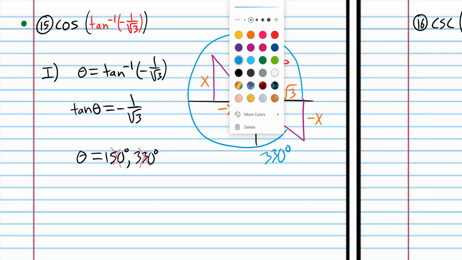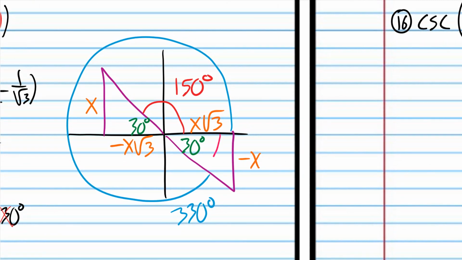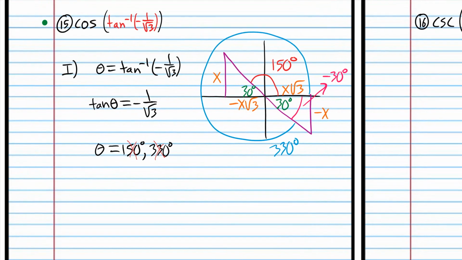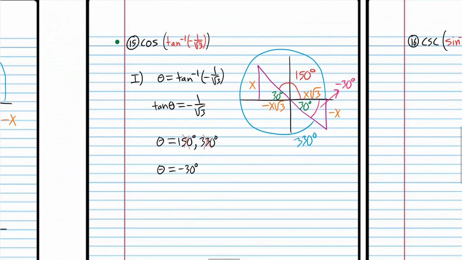So instead of rotating in the blue counterclockwise direction, we're going to rotate in the pink clockwise direction. That's going to be negative 30 degrees. So theta is actually negative 30 degrees. So tangent inverse of negative 1 over root 3 is equal to negative 30 degrees.